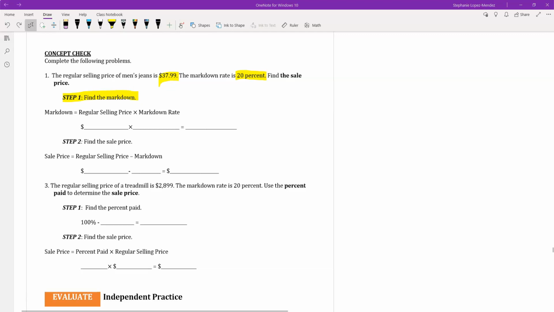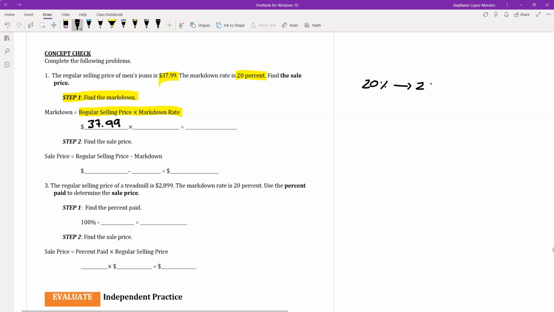It was regular selling price times the markdown rate. So we go ahead and write our regular selling price, $37.99, times 20%. We need to convert that 20% into decimals. So we do step number 1.